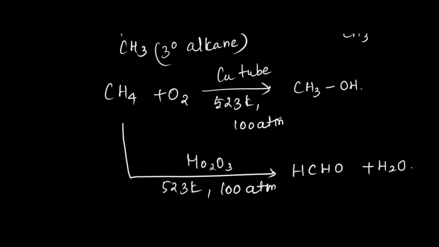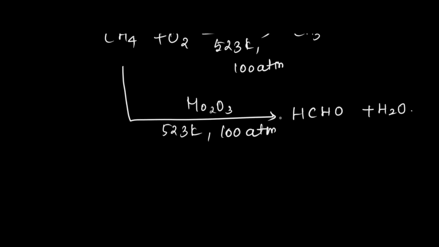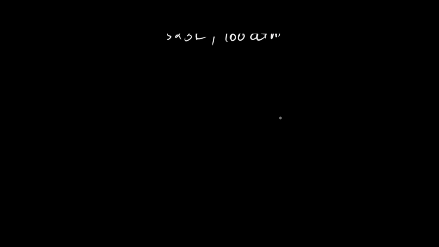So compare the reactions. Methane oxidation with copper tube will give you alcohol. Same methane with molybdenum oxide will give you aldehyde. So compare and study, that will be easier for you.